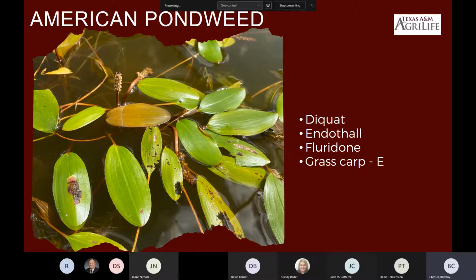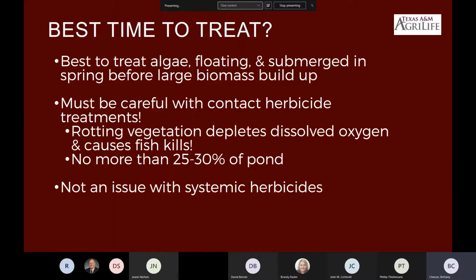Like I mentioned, it was one of the things that it prefers the most, and we're not going to cover any other pondweeds today in the pondweed family, but they're pretty effective at controlling a wide range of them as well.